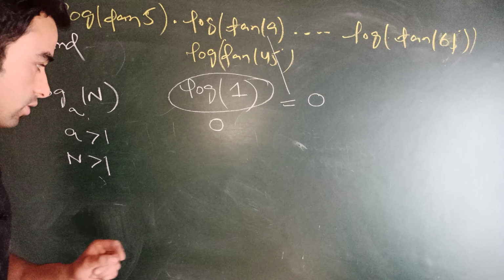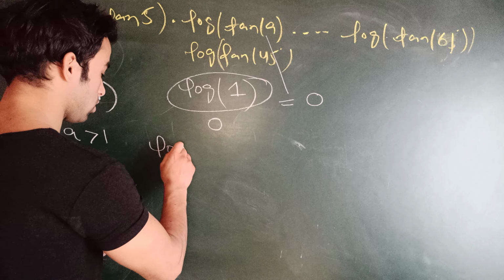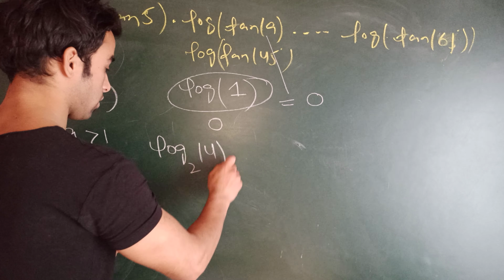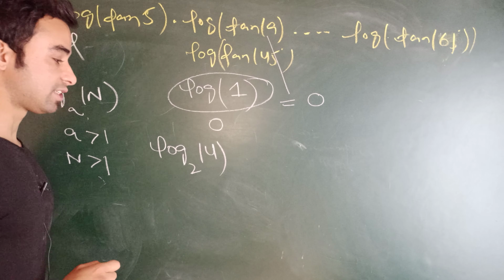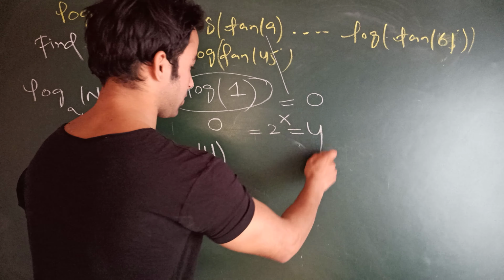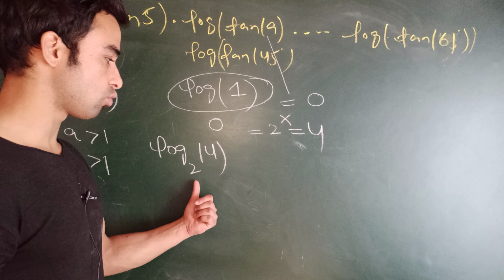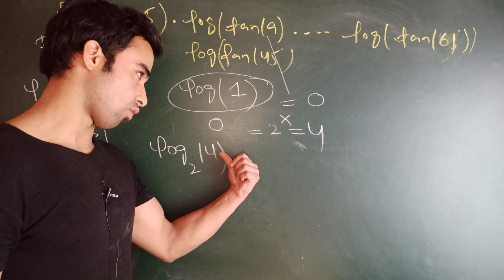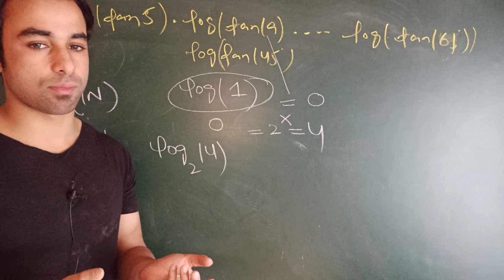What I'm talking about is this. Suppose we have log base 2 of 4. It simply means, what should I raise 2 to in order to get 4? Let's write it in compact form: 2 to the power of x equals 4.